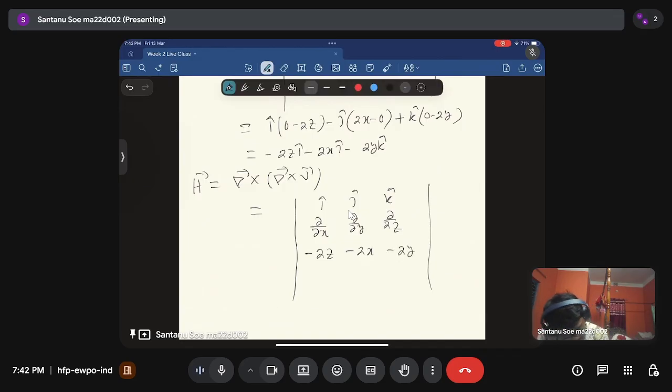So this is going to be i times (minus 2 plus 0 minus 0) minus j of (0 minus minus 2) plus k of (0 plus 2).